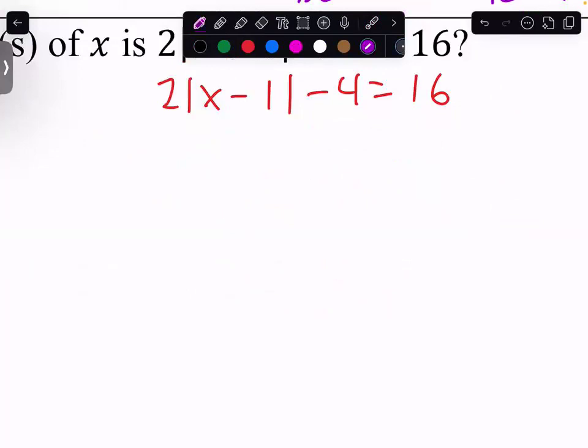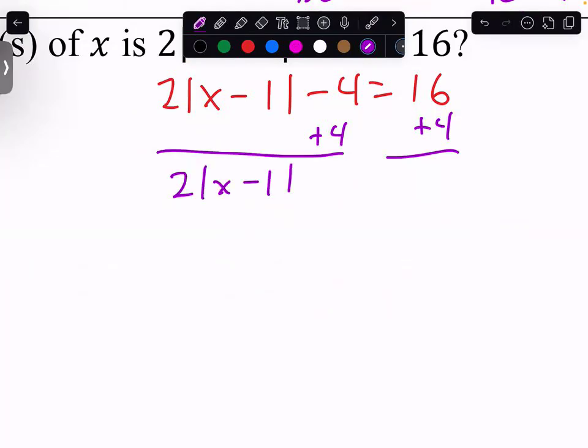We want to get the x by itself, but first we've got to get the entire absolute value by itself. So we need to get rid of the things on the outside. I'll undo the minus 4 first by adding 4 on each side of the equal sign. Now to get rid of the 2 that's multiplying, we can divide both sides by 2.